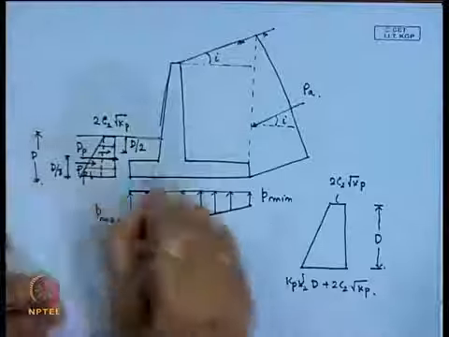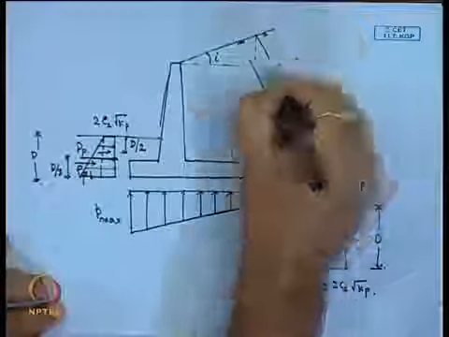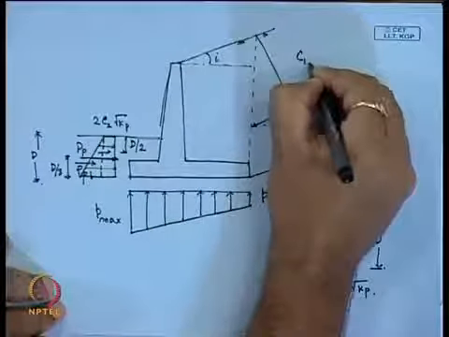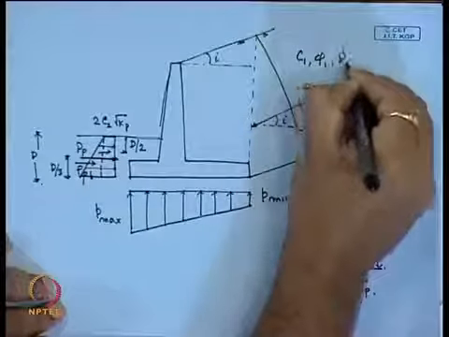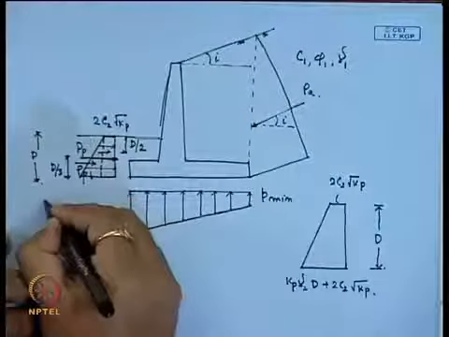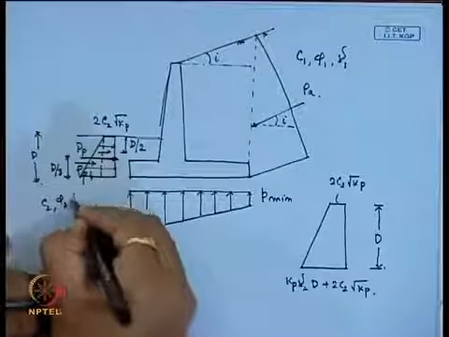So, here this is the base soil. This is C 1, phi 1 and gamma 1. Similarly, here also C 2, phi 2, gamma 2.